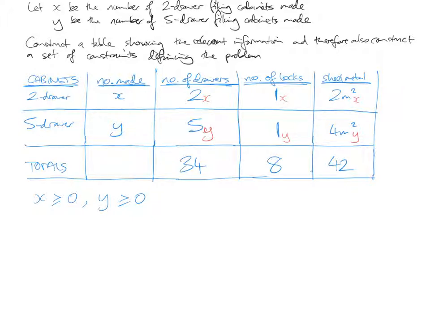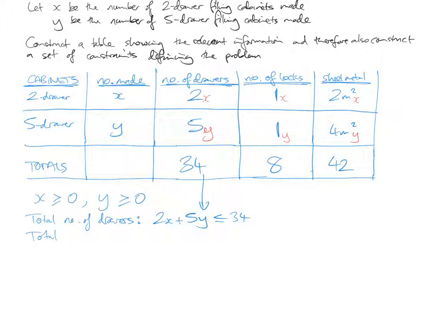Number of drawers. So the drawers constraint is 2x plus 5y is less than or equal to 34. So we can use anything up to 34 drawers total, and where does that come from?